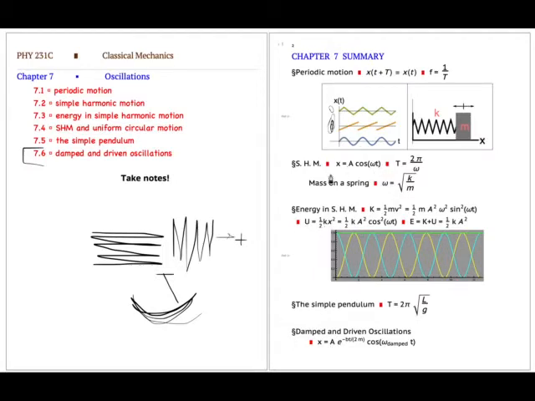So if this is the position x, I have 1/2 k A squared cosine squared omega t. And now mechanical energy, the total energy, kinetic energy plus potential energy, call that E, will just be 1/2 k A squared, a constant.